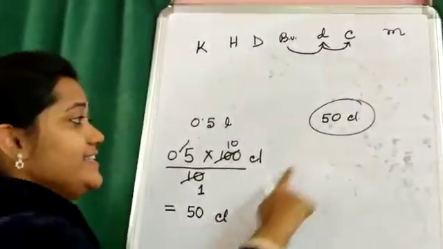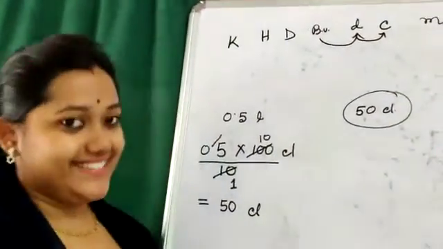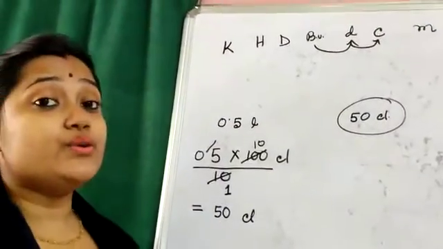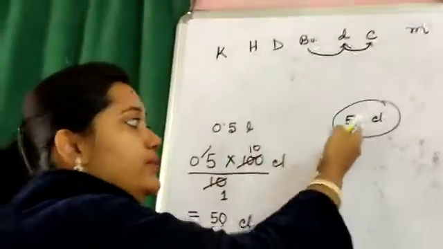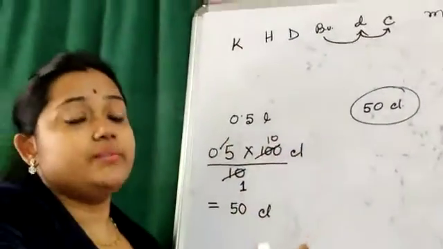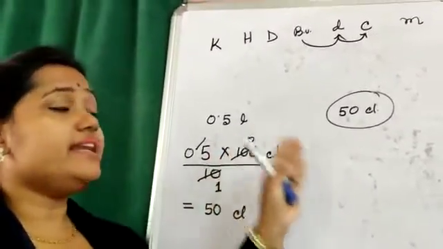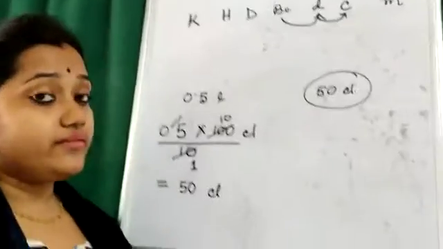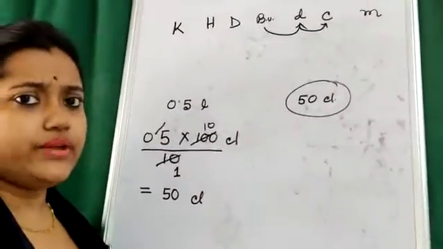So these two are same. So how to do it? Once again I am telling. Whenever the quantities will be given in different units, before comparing, we need to convert it into same unit. Now, how to convert? That you know it.